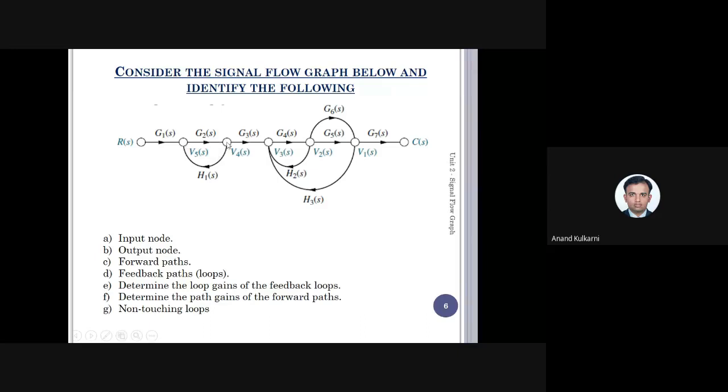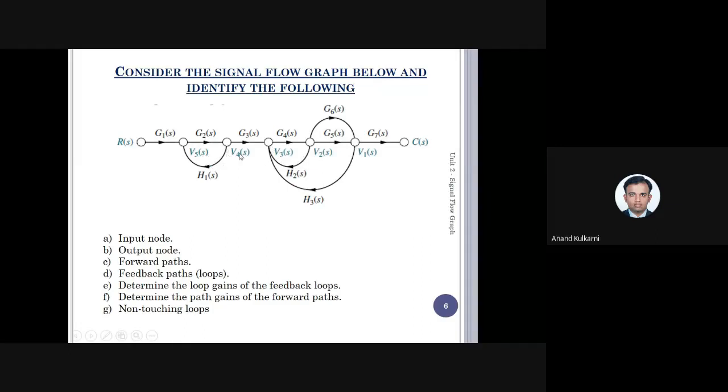There is from 2 to 3 and 3 to 2, this is one loop. And this one is just here, this is 4 and 5. Between 4 and 5 is one more loop. So this loop and this loop are not touching one another. So I can consider that this loop and this loop are non-touching loops. Why? Because they do not have a common node.